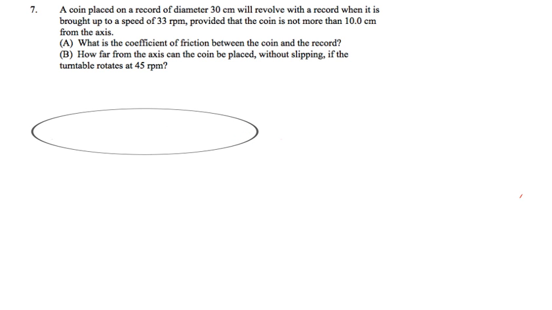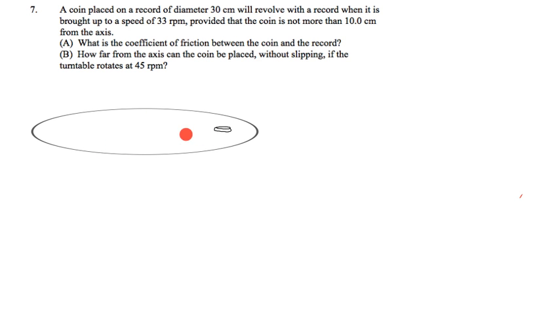So the way I'm going to do this for a picture is I'm going to put the coin on the record. From there to there is 15 centimeters, and from here to there is 10 centimeters. As long as I don't push this too far out, it will move with the record.